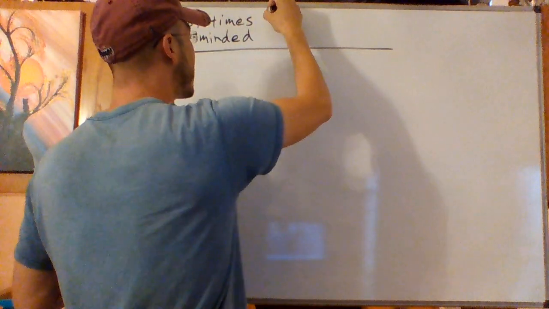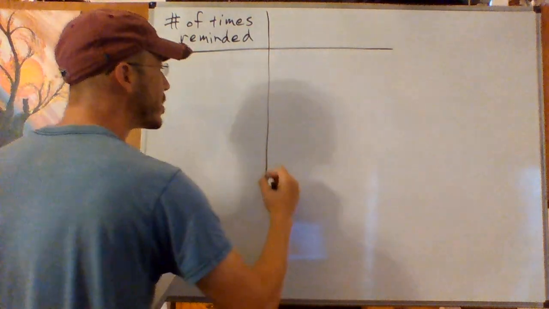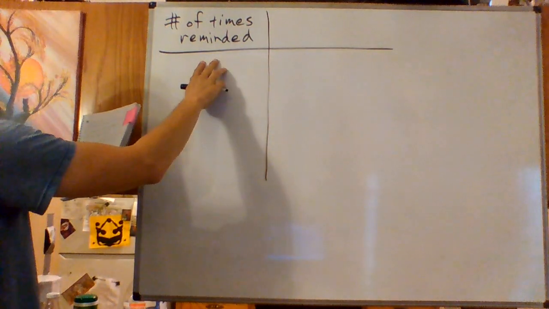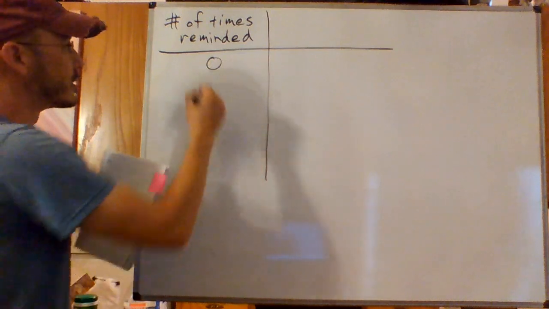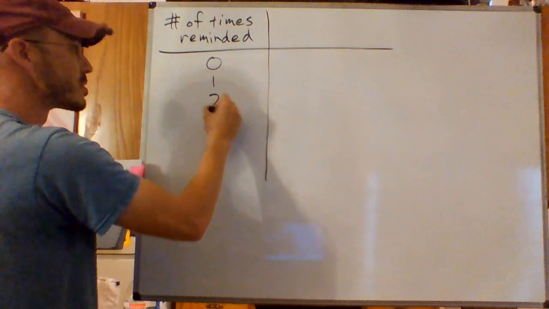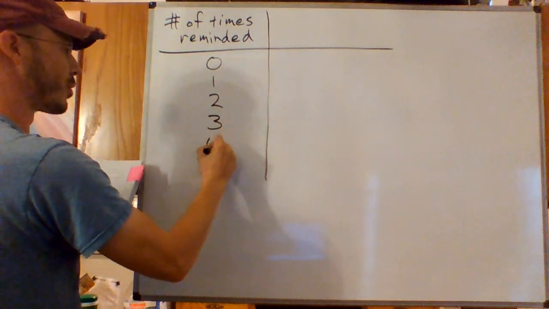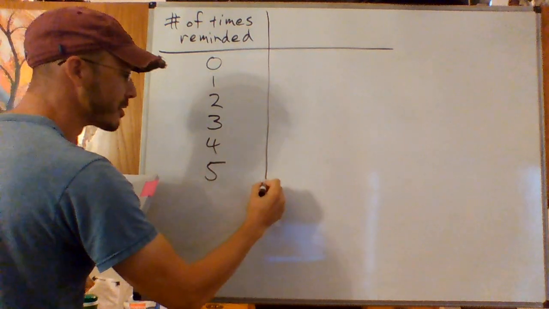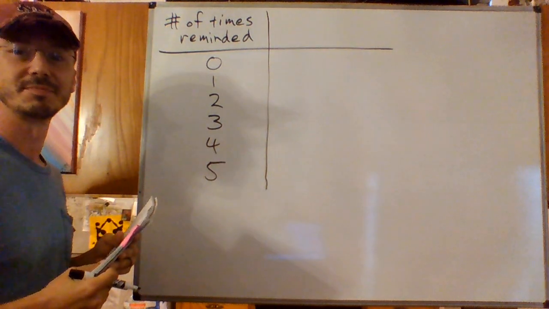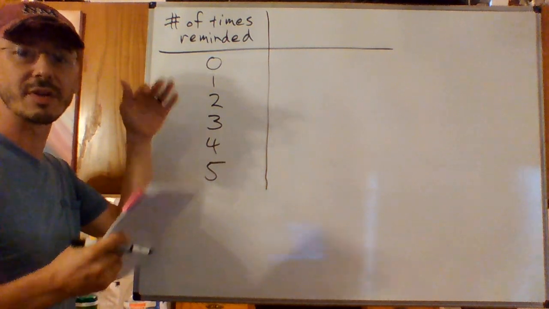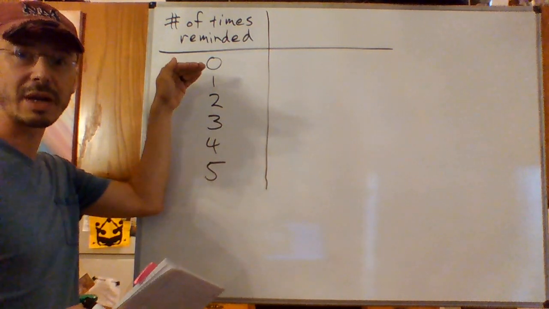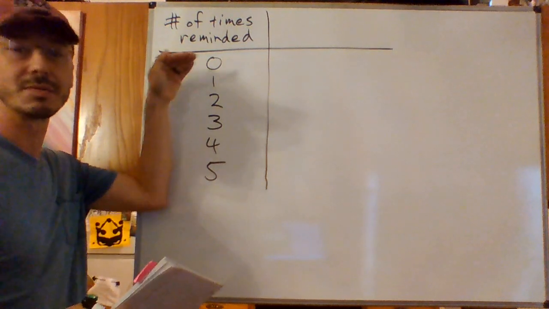And there's only going to be 2 columns here. So the options there are 0, they don't need to be reminded. They need to be reminded once, twice, 3 times, 4 times, or 5 times. So each mother in this survey of 40 mothers responded with one of these 6 numbers.